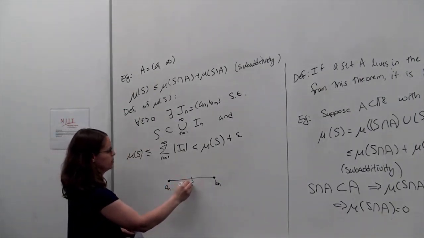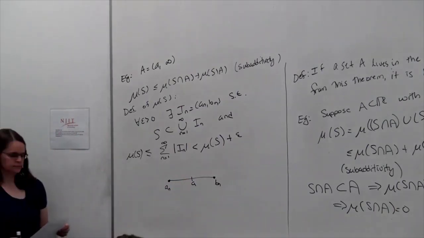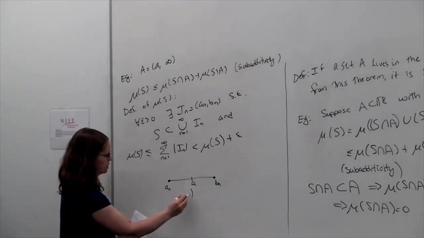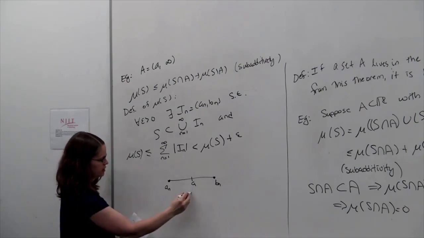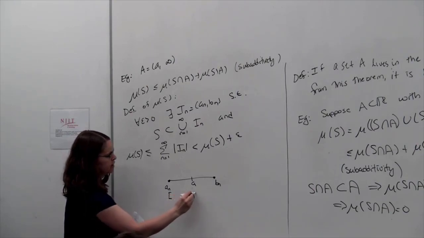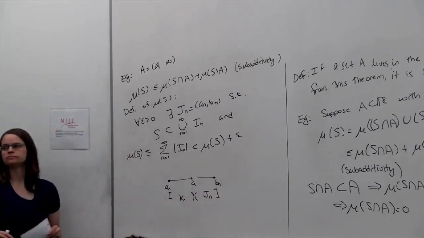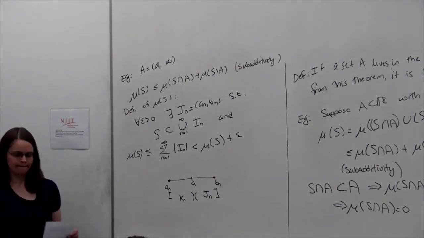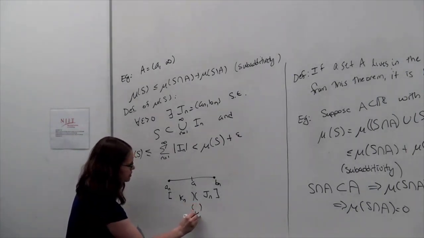A is in here somehow. I'm going to break this down into the parts that are less than A and the parts that are bigger than A. So this interval I'll call K_n, and this interval I'll call J_n. One of them could be an empty set, that's fine. And I'm also going to put a little bubble around A to make sure it gets covered.